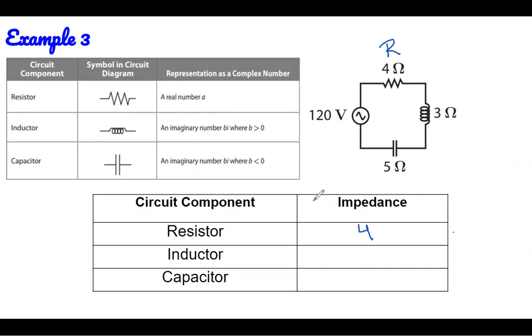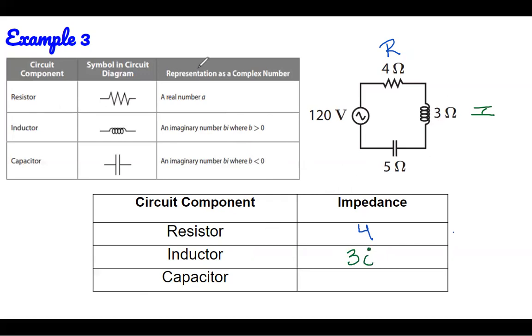Okay. My inductor is which one? The one that looks like a coil. So I have my inductor. It's going to be an imaginary number. And its measurement is what? 3. So this one's going to be 3I.